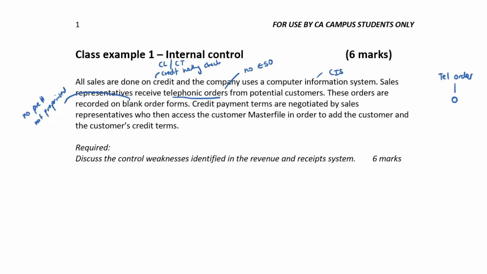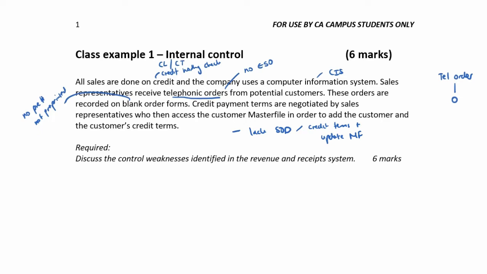So biggest issue, or first issue I can note, there's a lack of segregation of duties because he is the one to determine the credit terms and then update the master file. One person doing two things.